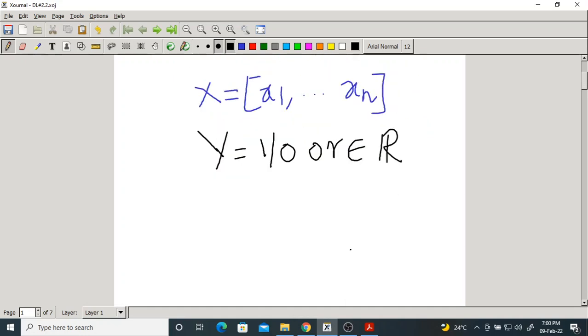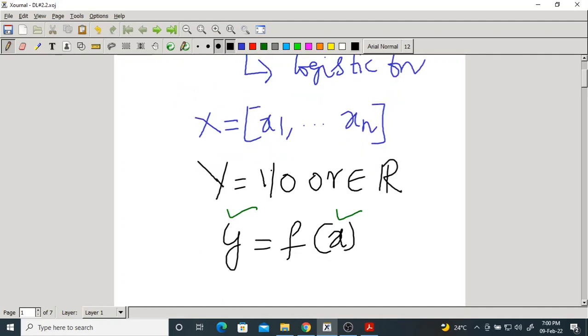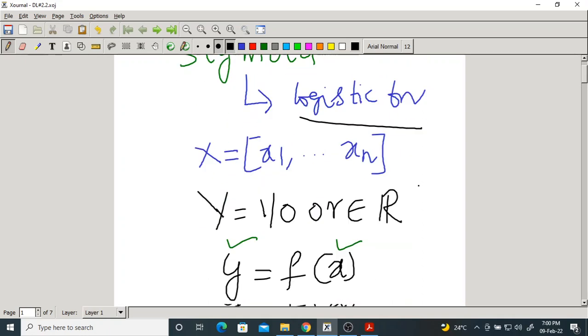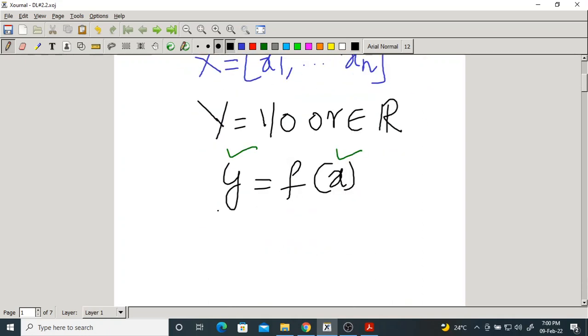Now, there is always a true relation between y and x, but we don't know that. So what we do is we approximate the relation between x and y with the logistic function. Okay. In our case, what is the logistic function?